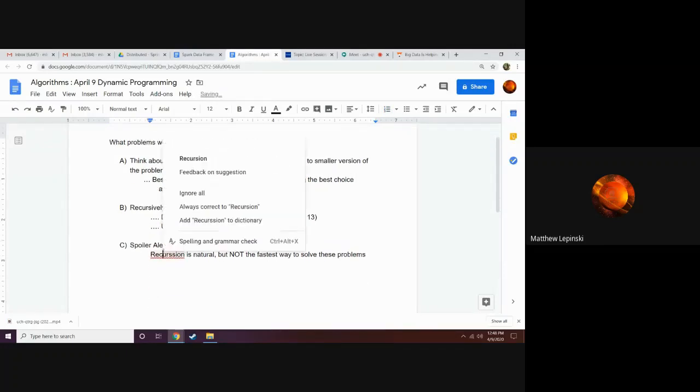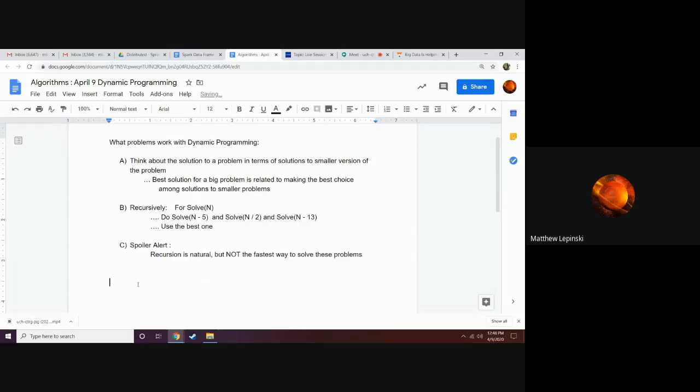Okay, so the canonical dynamic programming problem is making change. In the making change problem, I live in a country with coins of denomination 1 cent, 5 cent, 10 cent, 25 cent, 50 cent, and $1, which is 100.